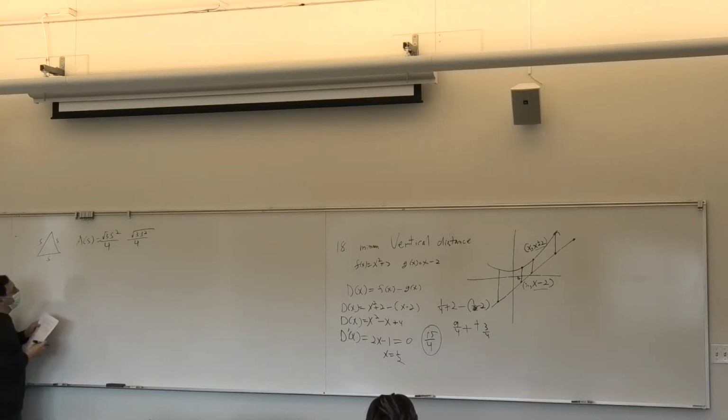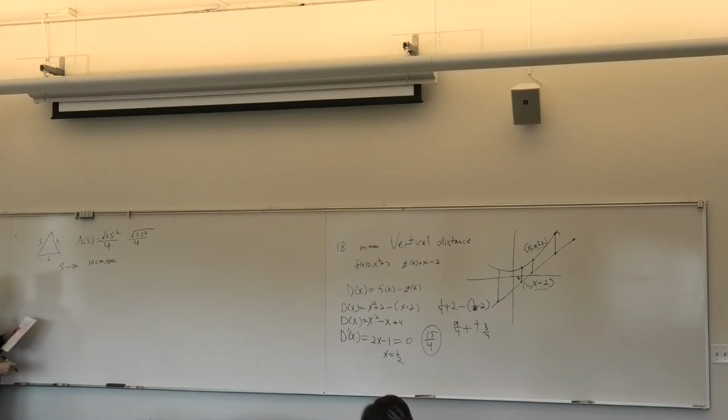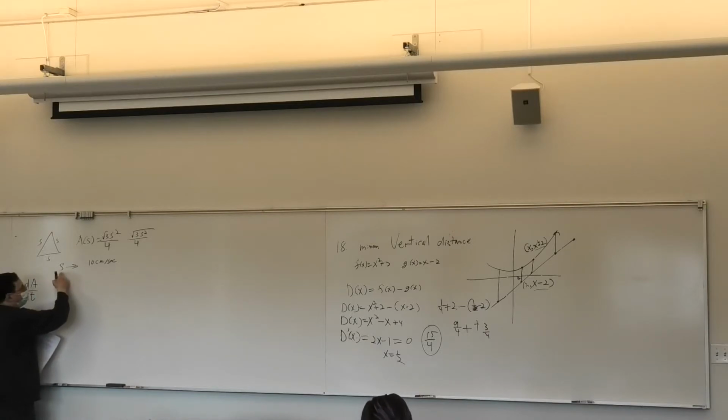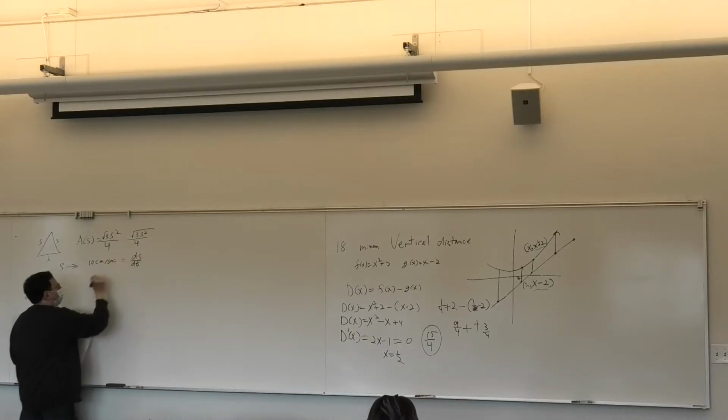All right. And S is increasing at 10 centimeters per second, and I want to know at what rate the area is changing. This is ds dt, the rate of change of the side.